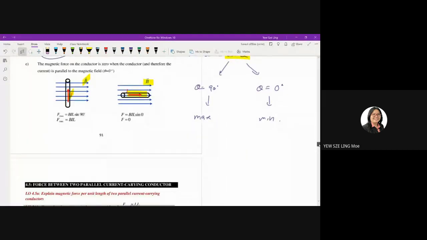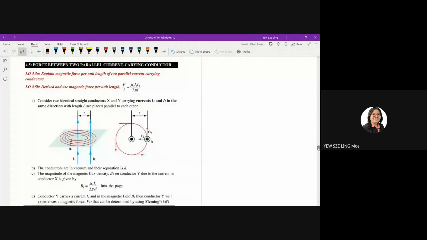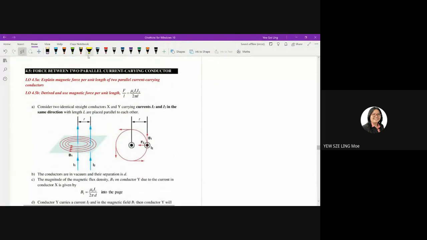We are done calculating the magnitude and also the direction. So this one is force between two current carrying conductors. In the previous subtopic, you looked at one current carrying conductor. In this subtopic, you look at two current carrying conductors, and what happens in both.